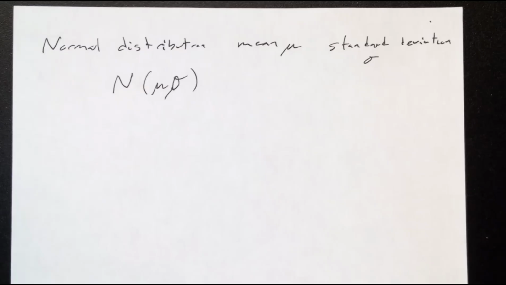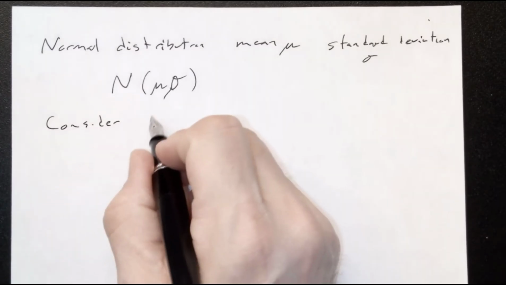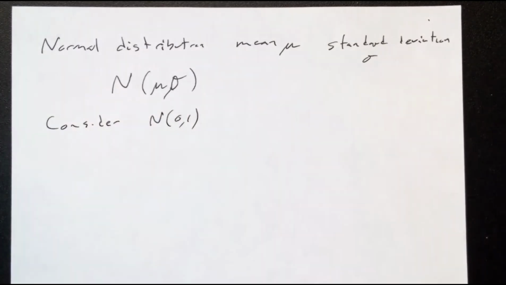But let's consider what happens if I just use a mean of 0, the standard deviation of 1. Well, to me, one of the best parts about this is that that's actually the picture I've been showing you of the normal distribution this whole time.